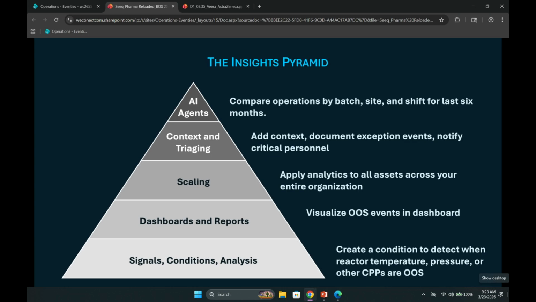So taking this from a handful of assets to a very automated enterprise-wide process, adding context and triaging those. So we document all those exception events. We notify the critical personnel and understand when our assets are actually out of a qualified state. And then really at the top of this, using our AI agents to compare operations by batch size, shift, whatever it might be over a long period of time to really generate those enterprise-wide insights.